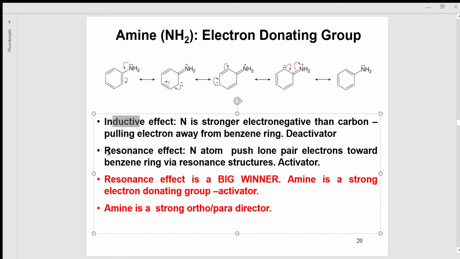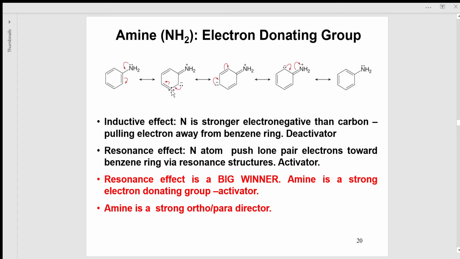The second effect is the resonance effect. For the resonance effect, we need to draw the resonance structures of this aminobenzene. There is a pair of non-shared electrons. We can draw the resonance by moving the pi bond or the lone pair electrons around, and we form this resonance structure.